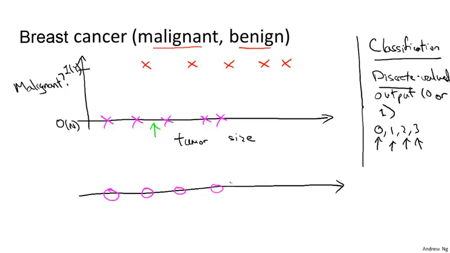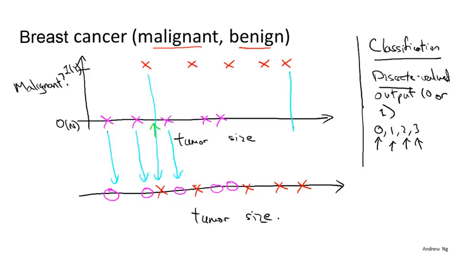So instead of drawing crosses, I'm now drawing O's for the benign tumors, and I'm going to use crosses to denote my malignant tumors. So this axis is my tumor size. I hope this figure makes sense. All I did was take each of these examples and copy them down here, with different symbols depending on whether it's malignant or benign.